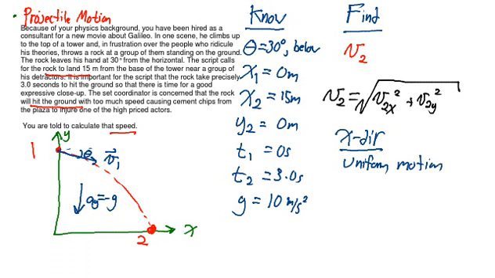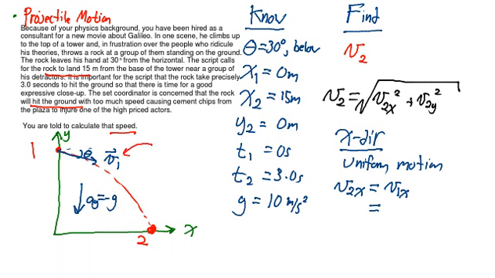And so that implies that the horizontal velocity does not change. So the velocity in the x direction at point number 2 is going to be equal to the velocity in the x direction at point number 1.